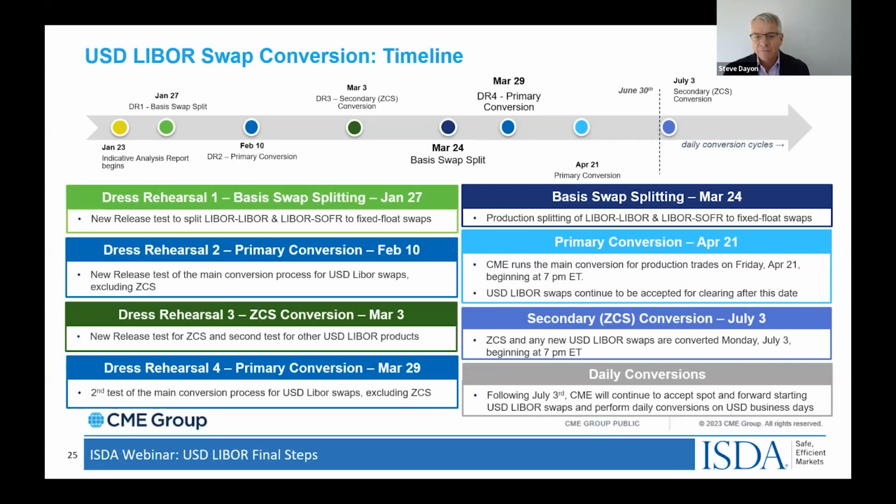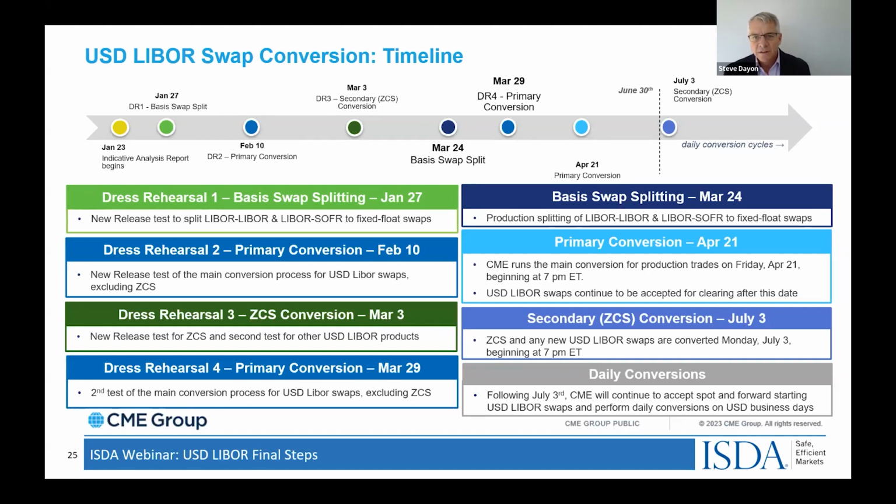So we have had 4 large dress rehearsals at CME to prepare for these upcoming conversions. In the first 3, we practiced all the major conversion events: the basis swap splitting, the primary conversion, and then the zero coupon conversion. So there are basically three events.